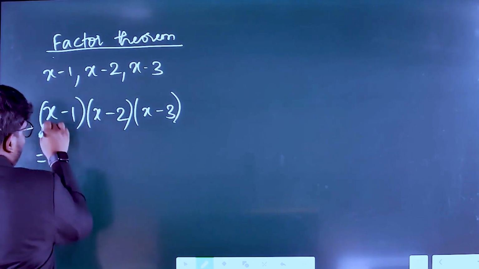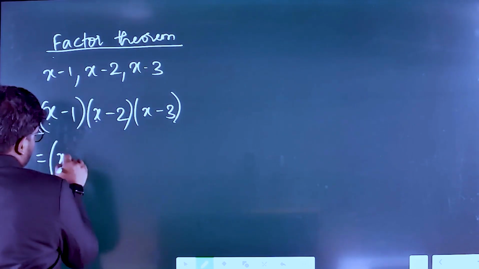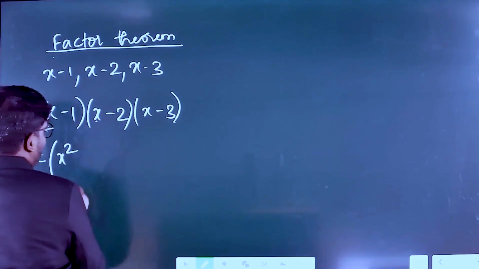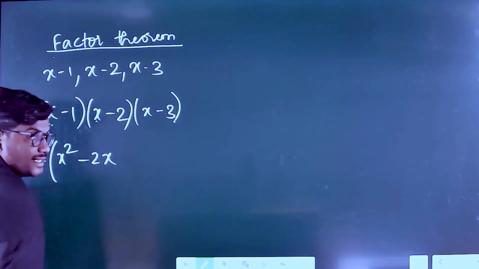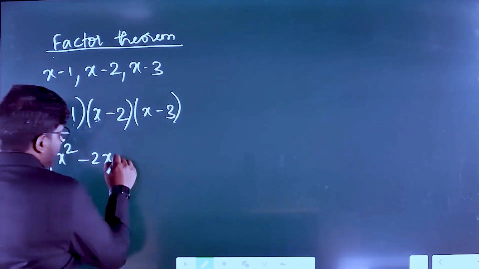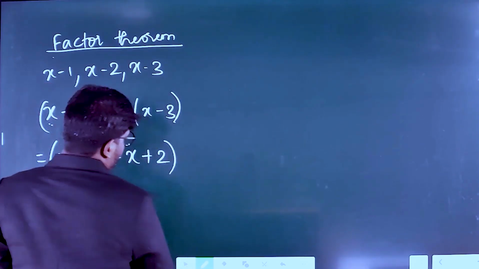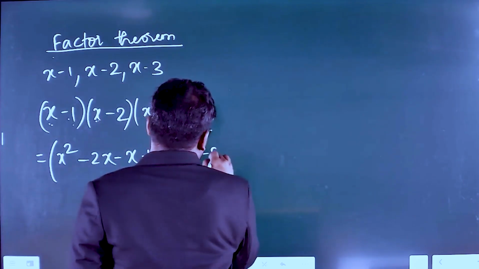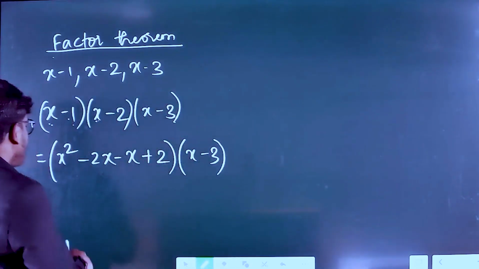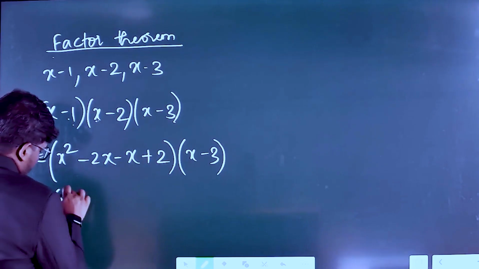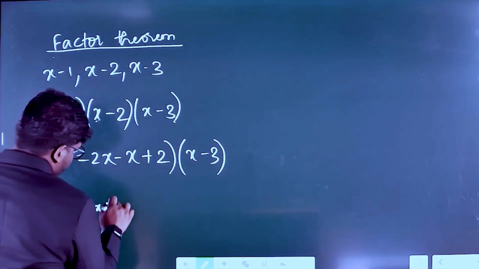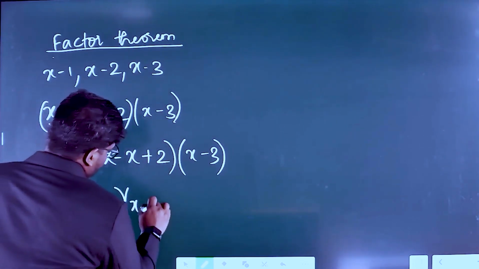So this will be x times x, x square, x into minus 2, minus 2x, minus 1 into x, minus x, minus 1 into minus 2, plus 2, times x minus 3, right? So this will be x square minus 3x plus 2 times x minus 3.